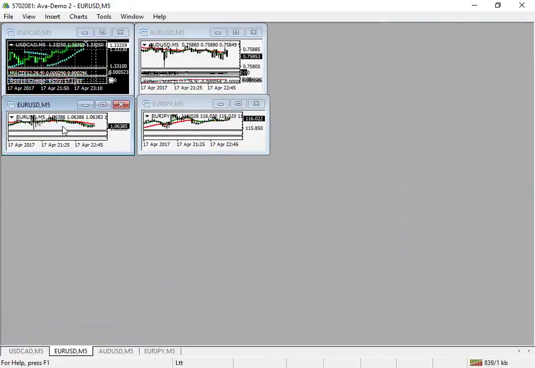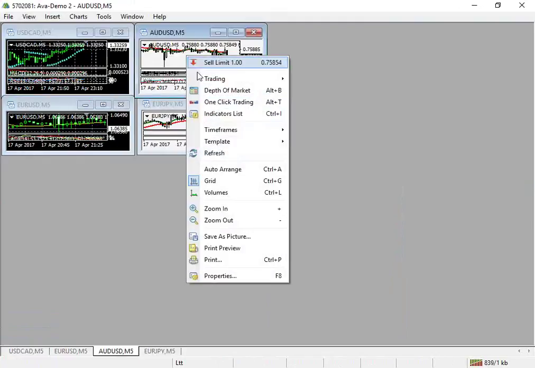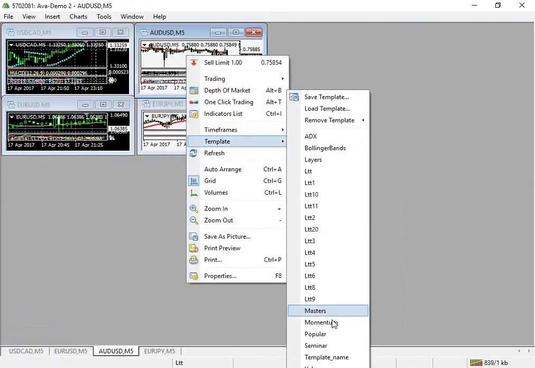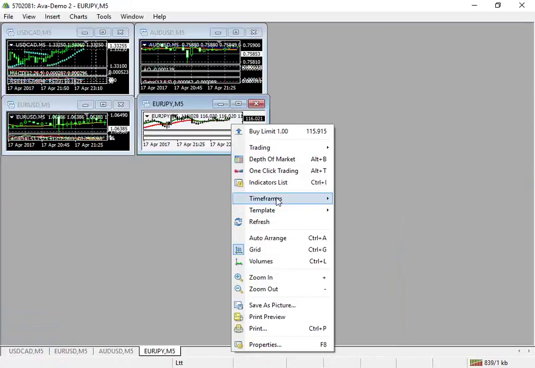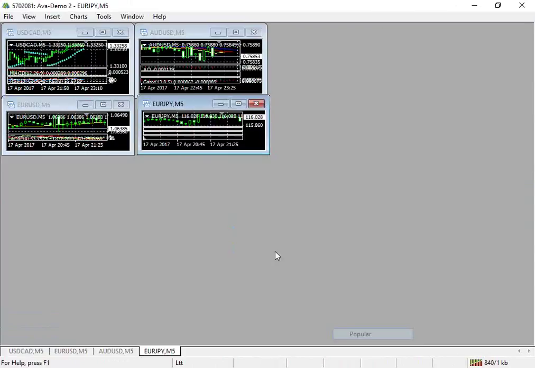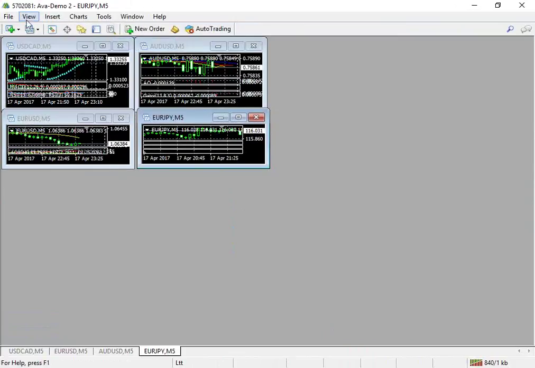So it's going to be a little confusing for you in the beginning. So I'm just going to sort of improvise and kind of show you what each chart might look like. Not only will every single chart look different, but every possible window you can think of is going to be opened as well.